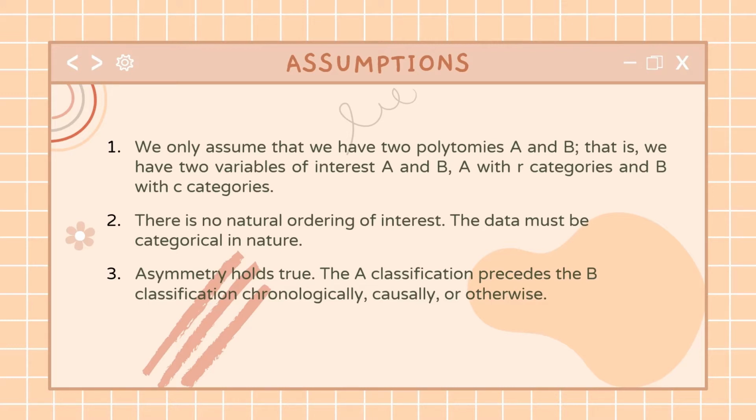The A classification precedes the B classification chronologically, causally, or otherwise. Kaya rin sinasabi na asymmetric ang lambda coefficient ay dahil yung test statistic na mapoproduce natin ay makikita natin na magkaiba. Hindi natin masasabi na lambda of A is equal sa lambda of B or otherwise. Dapat merong factor na nagko-cause yung isa dun sa isa pang variable.